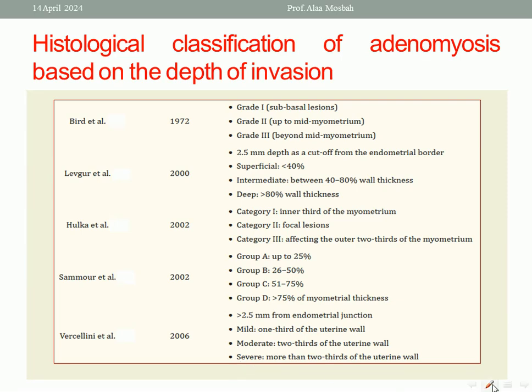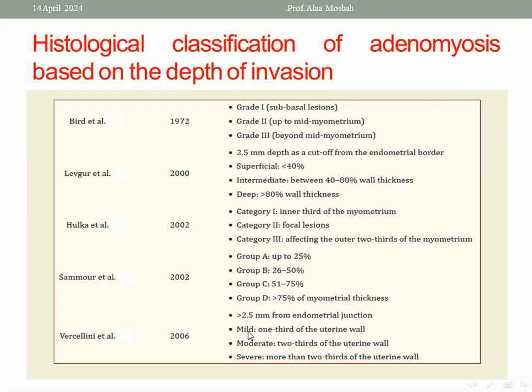What about the histological classification of adenomyosis based on depth of invasion? As you see here, there are many studies explaining the classification of adenomyosis based on depth of invasion. Of course, this is histological classification. For example, in 2006, there are four grades. The first one is invasion more than 2.5 millimeter from the endometrial junction.